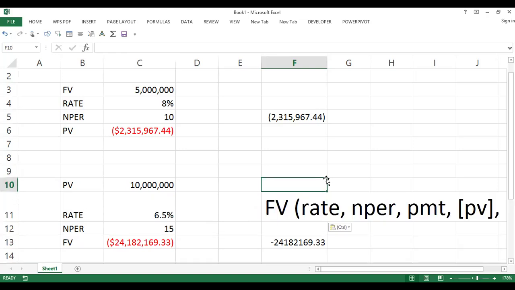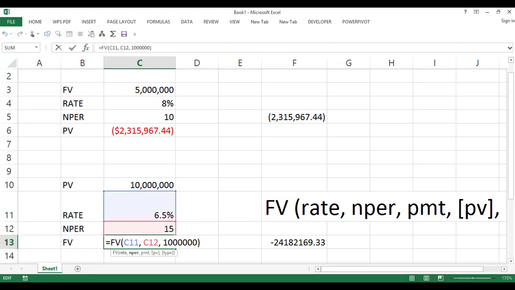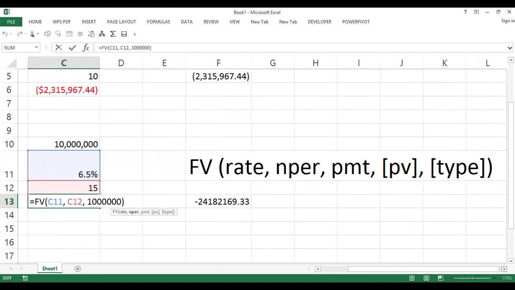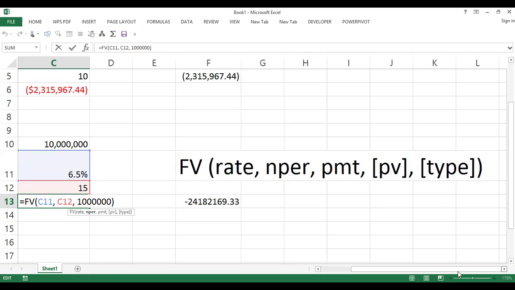That's the formula. C level, N period, C30, C12. Do we need to divide by 12? No.